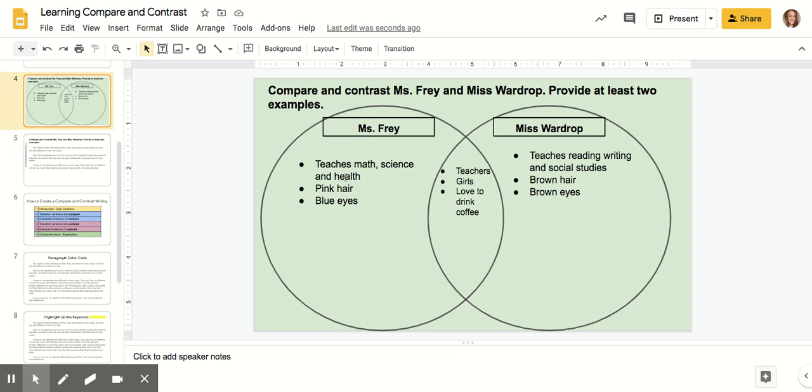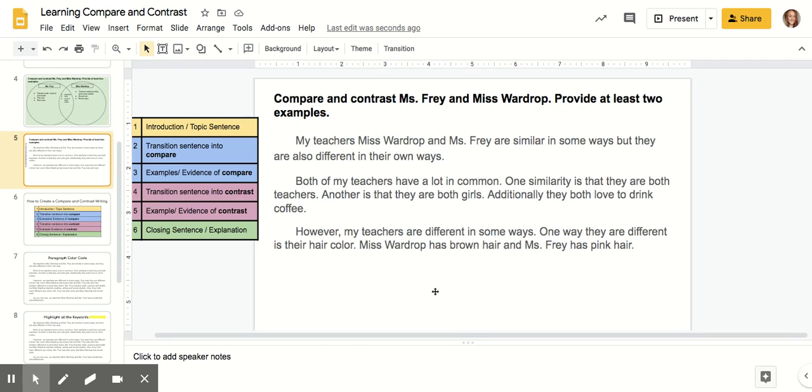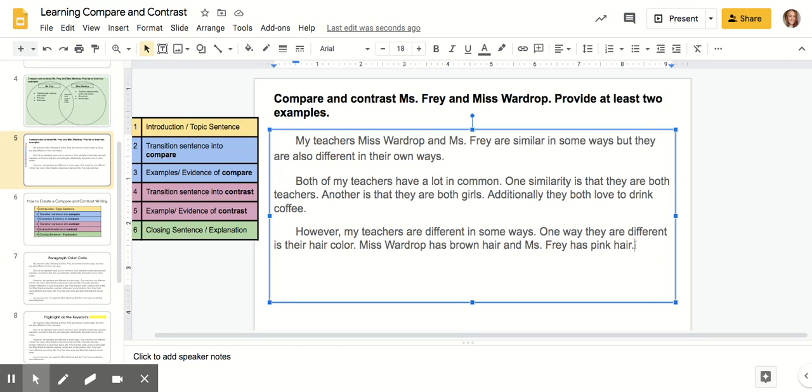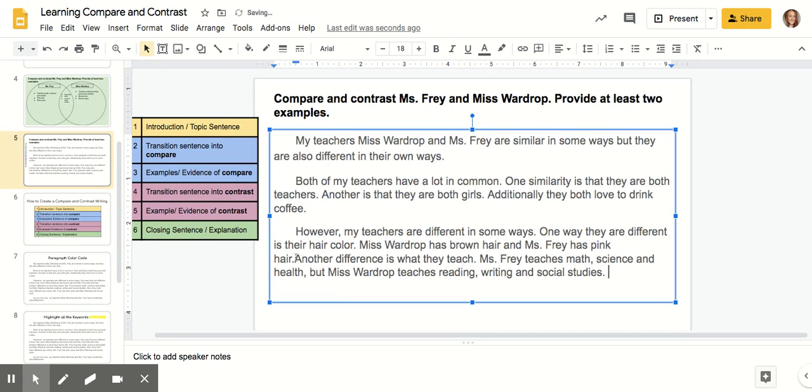Then I'm going to talk about what they teach. Miss Fry teaches math, science, and health. Miss Wardrop teaches reading, writing, and social studies. So I'm going to say another difference is what they teach. Miss Fry teaches math, science, and health, but Miss Wardrop teaches reading, writing, and social studies.